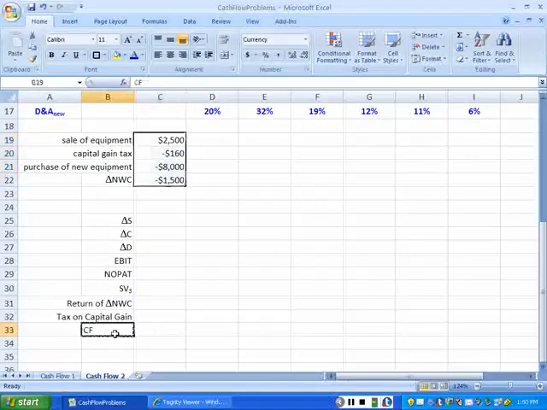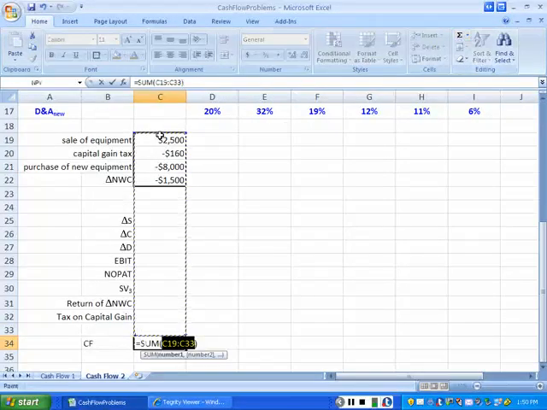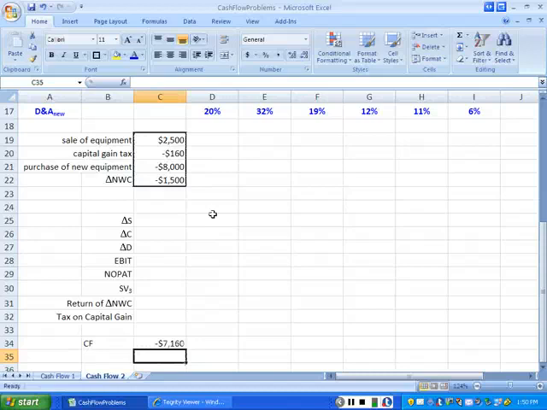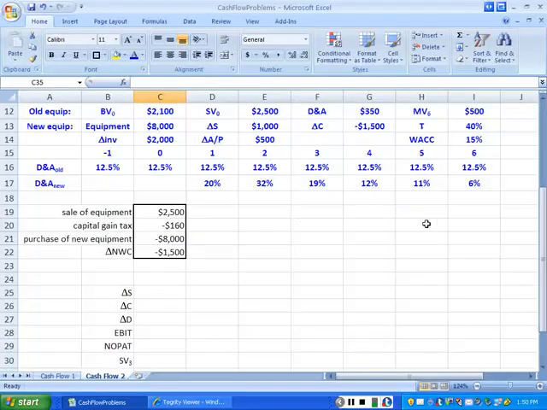So if we come down here to the cash flow line here and simply add those items up that we have in there, we're looking for a net outlay of $7,160. Now, in terms of what's going on here for operations, well, doing this, we believe, is going to have an impact here in terms of our sales.